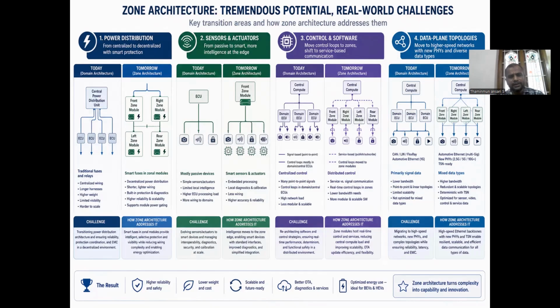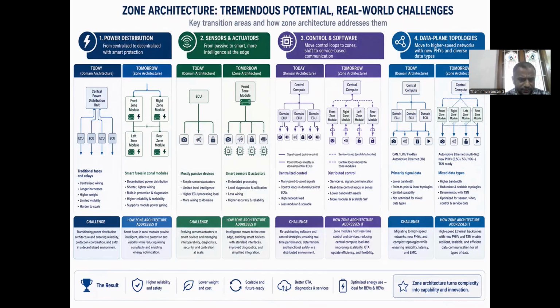Understood. So let us summarize the challenge that we had before and how the zone architecture addresses it. The challenge that we have in the domain architecture is transitioning power distribution architecture and ensuring reliability, protection coordination, and EMC in the decentralized environment.